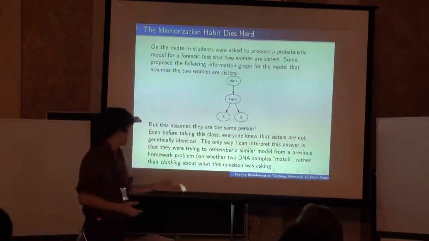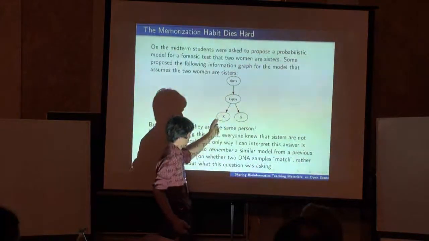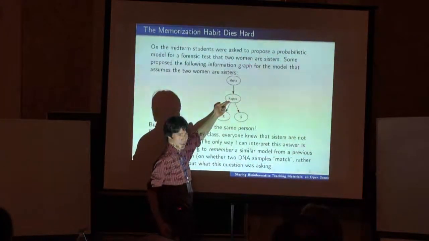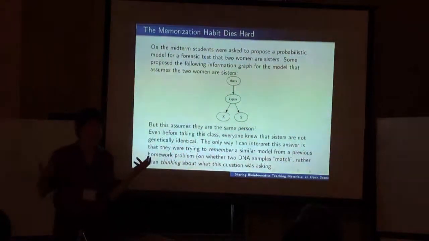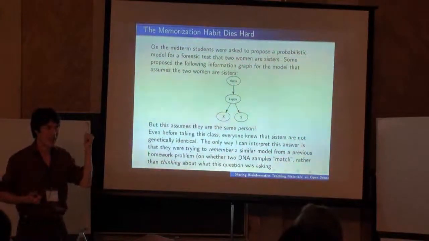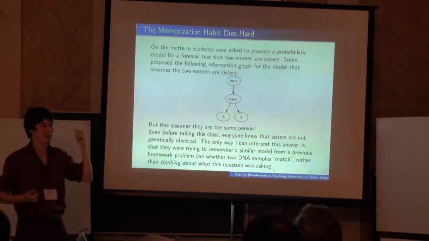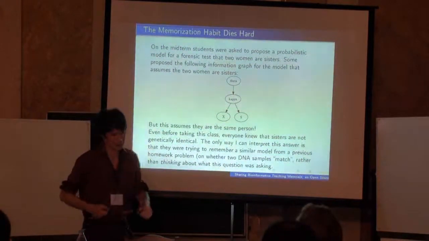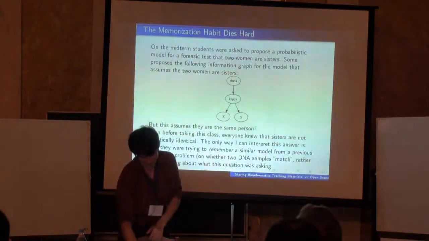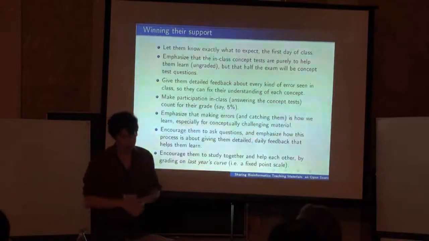Because basically, if you look at this model, they're kind of modeling it as if the two samples taken from the two women are dependent upon a single variable, as if the genetics of the two women are identical. And then I realized, wait a second, this was the answer from one of the homework questions that we had. So basically, they just remembered, oh, on a previous problem that was sort of like this problem, this was the answer, so I'm going to write that down, as opposed to thinking about what they were being asked on this question.